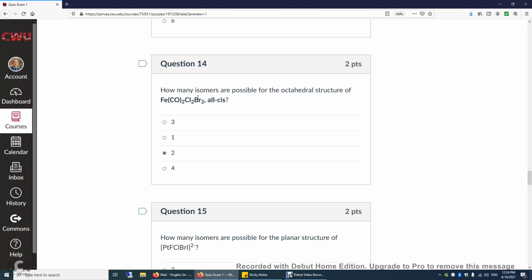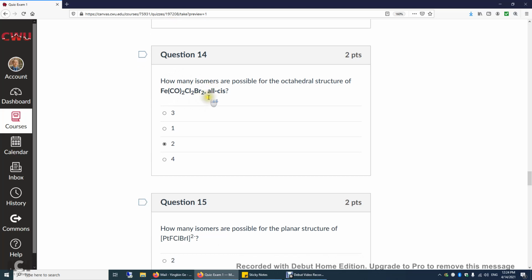So if a structure lacks S1, S2, S3, S4, those improper rotation axes, then this is optically active with 2 enantiomers.